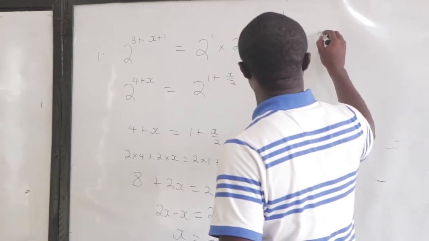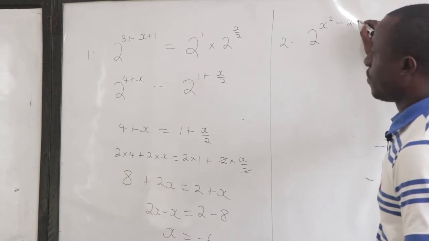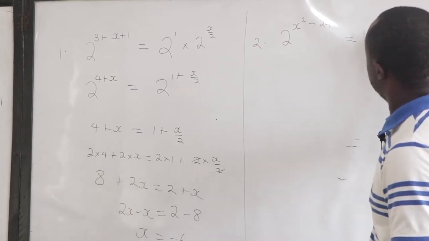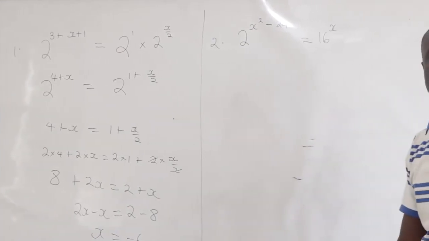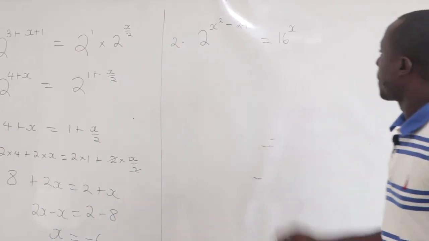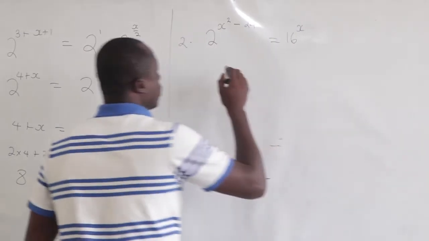Now let's also see the second question. The second question is 2 to the power x squared minus 24 equal to 16 to the power x. Here, what should we do? We have to make the bases the same. So this is 2, this is 16. Now 16 can be changed to 2 to the power 4.